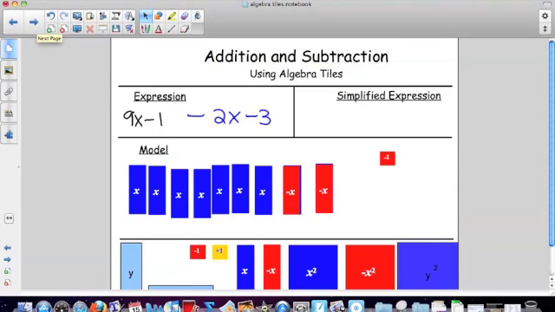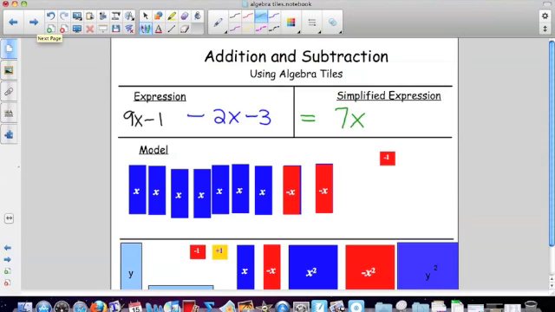So first of all, do I have more positive x's or negative x's? Positive. So I know my answer is going to be positive. How many positive x terms or algebra tiles do I have? How many are up there? Rita? Yes. So I know the simplified expression is going to have a positive 7x. So the negatives and the positives cancel each other out.